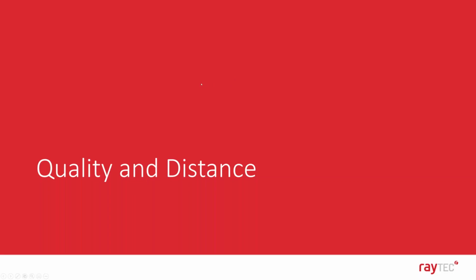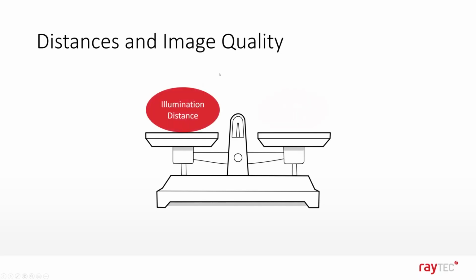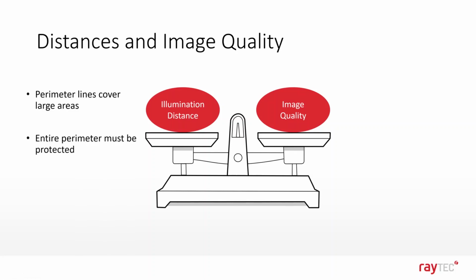So now we'll look at quality and distance and how they are going to affect each other. Let's weigh them both up here. So we've got illumination distance, image quality. We touched on earlier, perimeter fence lines, they're covering large areas. It is imperative that the whole fence is protected.